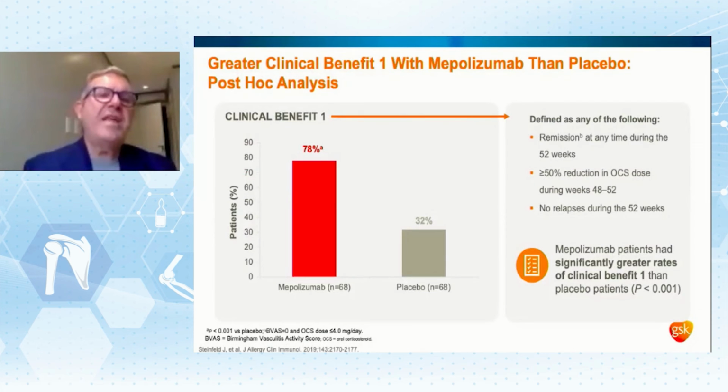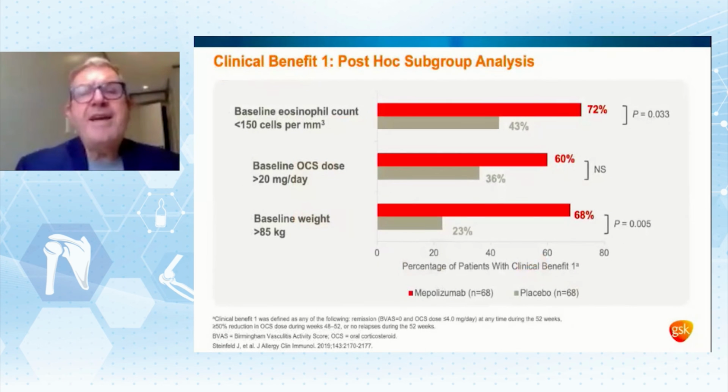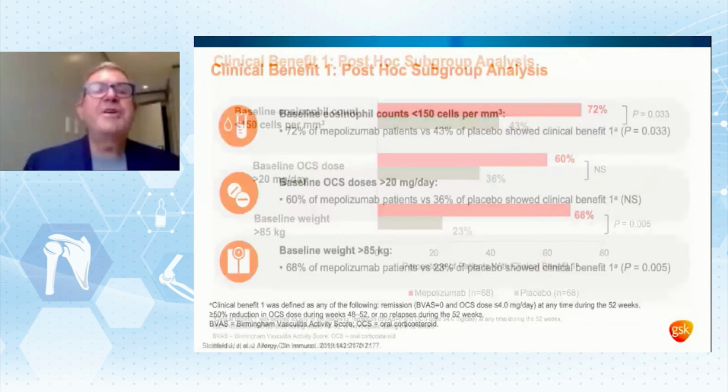In the patients who used mepolizumab we saw this benefit in 78%, and in 32% of the patients treated with placebo. The higher the circulating eosinophil count, the higher the response; the higher the prednisone dose and the higher the baseline weight, the higher the response in relation to placebo.